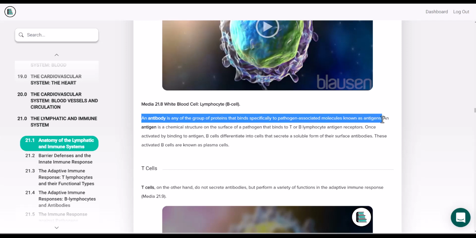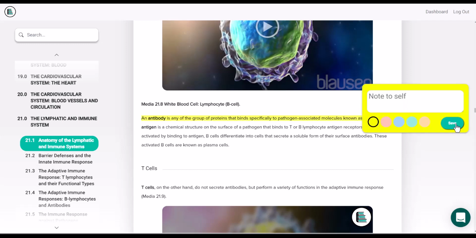What is an antigen? An antigen is basically anything in your body. When it comes to your immune system, you only want your immune system to seek out and destroy foreign antigens. You'll hear this again, but foreign antigens are anything that enters your body that is not typically there, right?